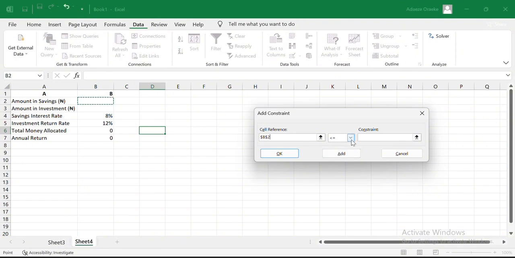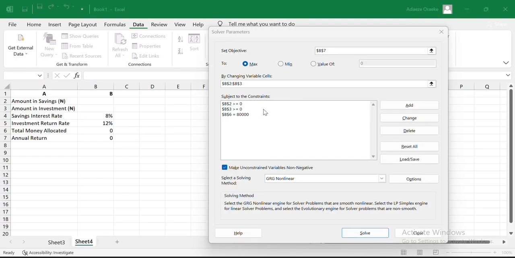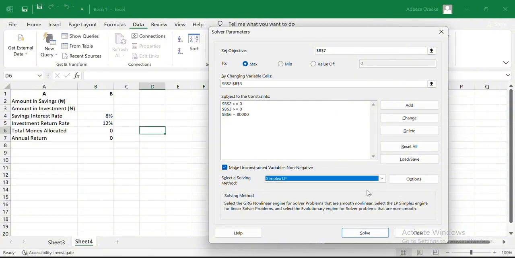Then we also want to state that the amount in savings cannot be less than 0. It's either greater than or equal to 0. We cannot be negative. Same thing for investment. Either we don't do it, or we do it with some amount. This is everything. Let's select Simplex LP, then solve.